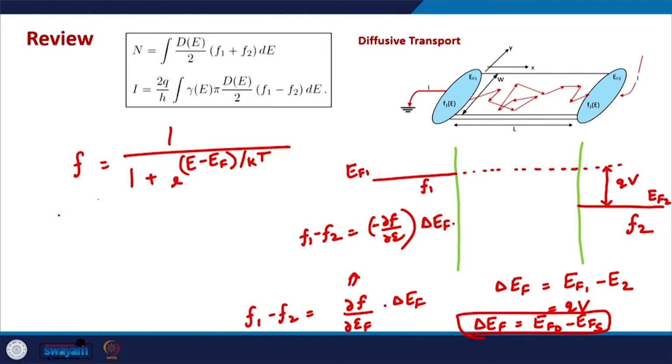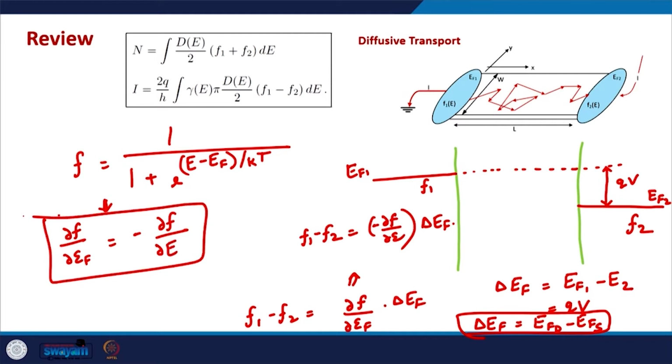So if we take a derivative of F with respect to EF, it will be just the negative of the derivative of F with respect to E. This can be a small exercise, just try it out, it is a simple derivative technique.